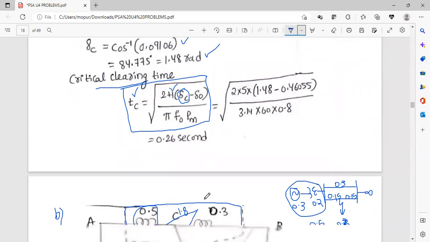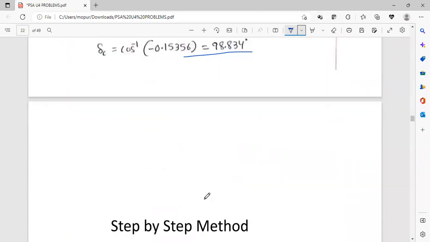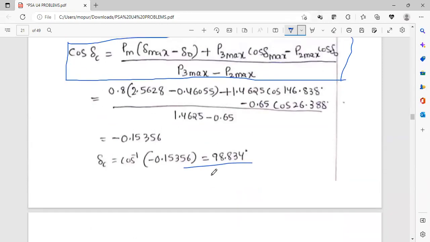So you can substitute the value of del C which you had got here in the TC formula, and find the critical clearing time TC. This formula remains the same for both applications. Now, this is a problem on equal area criteria.